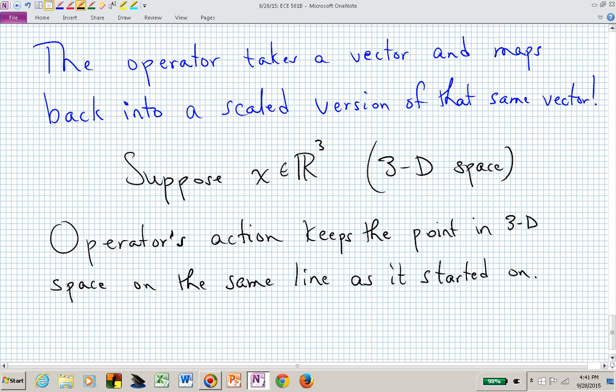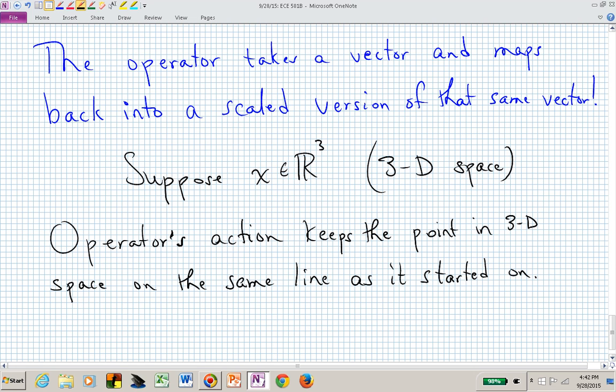You just may be at a different location on that line because it's scaled by this real eigenvalue lambda. If lambda is -2, then it's scaled by a factor of 2, but it's now opposite the origin on that line. If your eigenvalue was 5, you just move up that line a multiple of 5 from where you started, but you're on that same line.